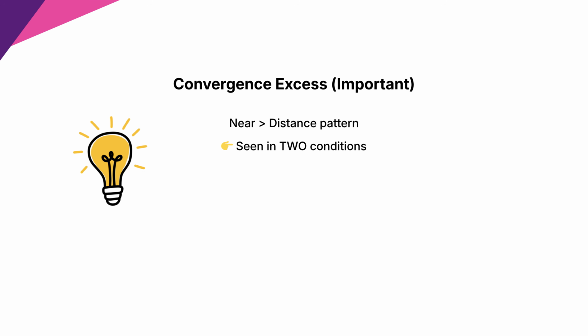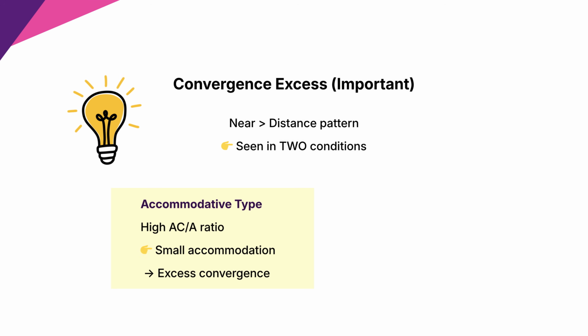One important point to remember is that the same clinical pattern does not always mean the same mechanism. A classic example is the convergence excess. This is usually a topic of extreme confusion. Here, the deviation is greater at near, but this pattern can arise from two different mechanisms. In accommodative non-refractive esotropia, convergence excess is due to a high AC/A ratio.